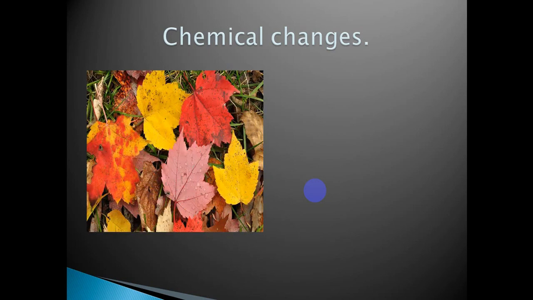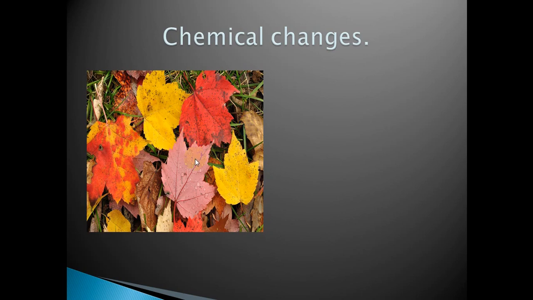Other chemical changes are like the color of some leaves. We studied before in grade 1 and 2 that some trees change their leaf colors in fall, and this is a chemical change. Why? Because we cannot move these back to be green, and a new kind of matter is formed.